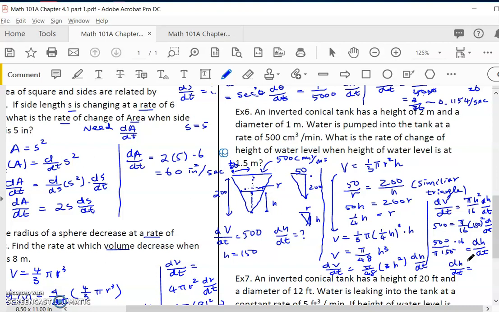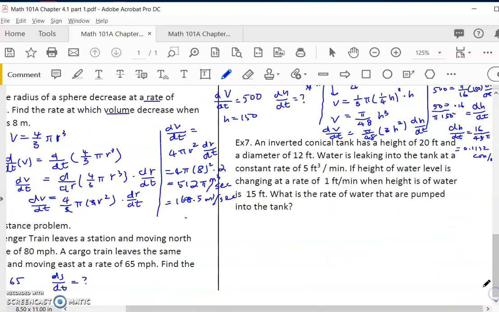That would be 0.1132. So 16 over 45 pi is 0.1132 cm per minute. Okay.